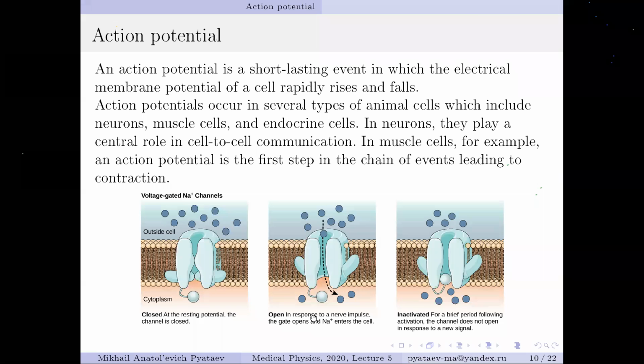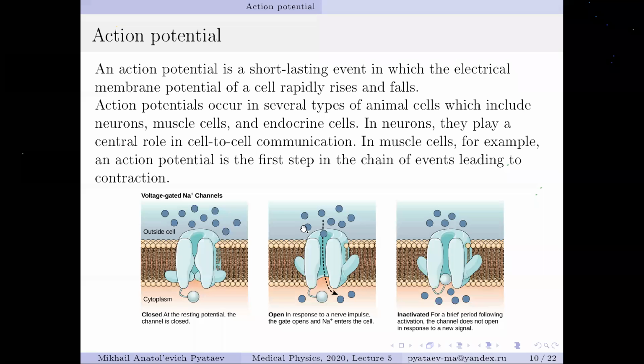Of course, the difference of charges is very, very small. So to obtain a voltage difference of 70 millivolts at such small distances, we need a very small difference of charges.